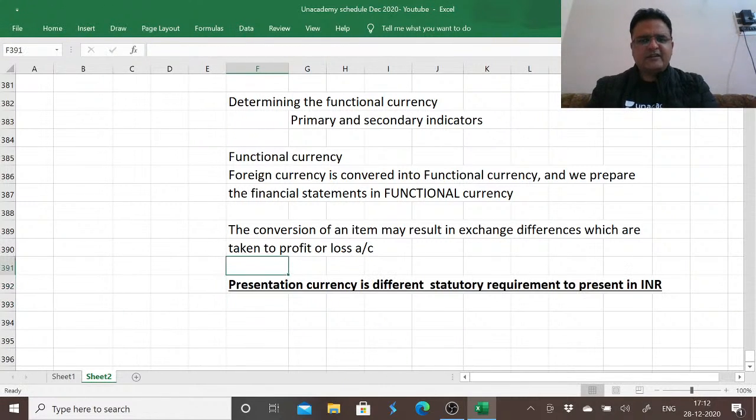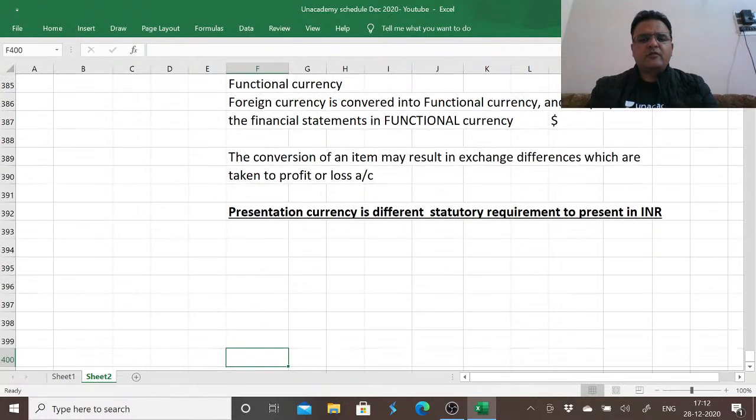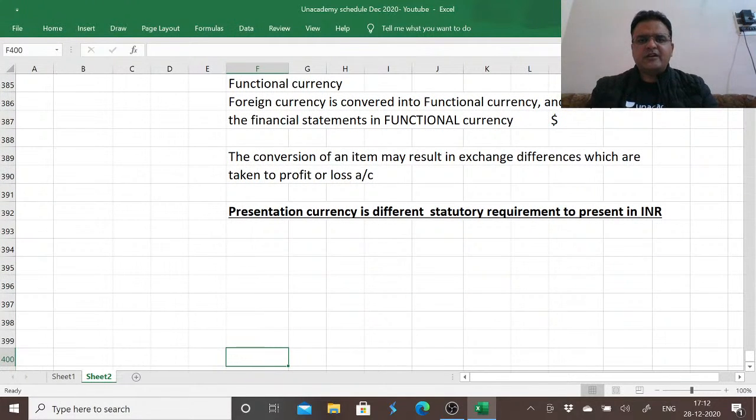Suppose our functional currency is dollar. We prepared our financial statements in dollars, and for meeting the regulatory requirements we have to present the financials in INR. Now the financials are prepared in dollars, the management's intentions are clear, the activities are defined. Now simply the financials are being converted into a different presentation currency.